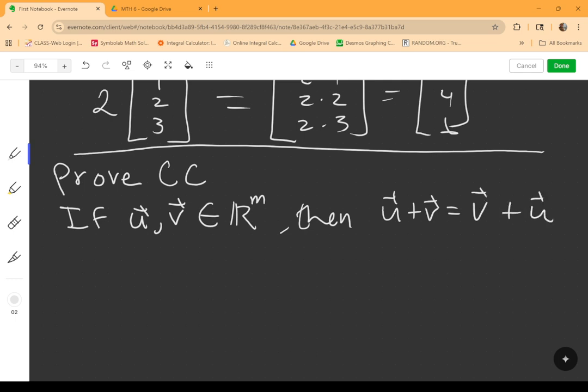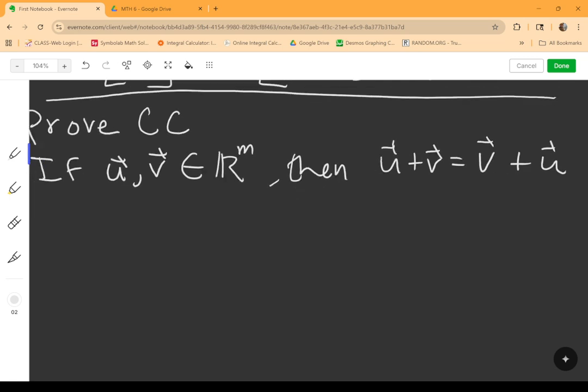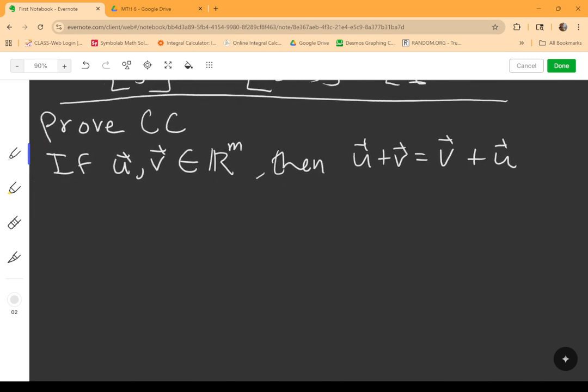Again, this is a property of real numbers. Well, here, these are not real numbers. These are column vectors. So I can prove this using the definitions of a column vector, as well as how I've established what vector addition is. So we'll start here with the definition of, first of all, vector addition.